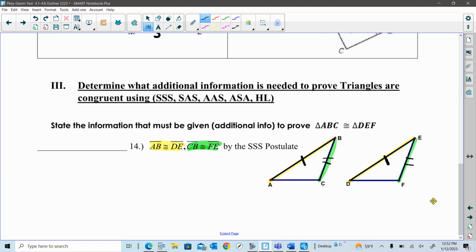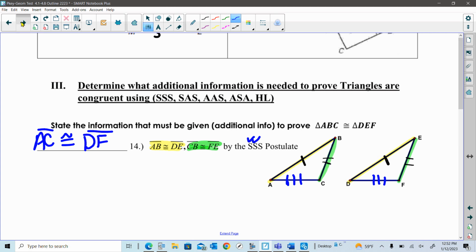So I have basically just two sides. I need three. So where's the third marking need to go? Yes, AC is congruent to DF. Very good. So you list the missing information, the additional information needed.